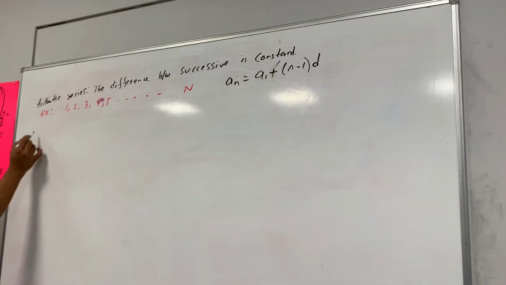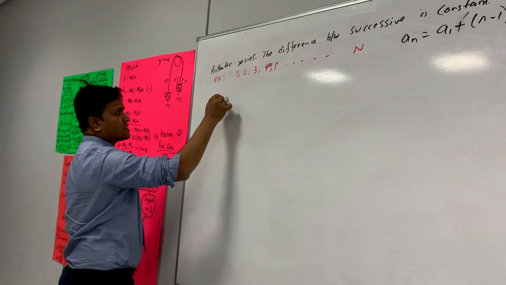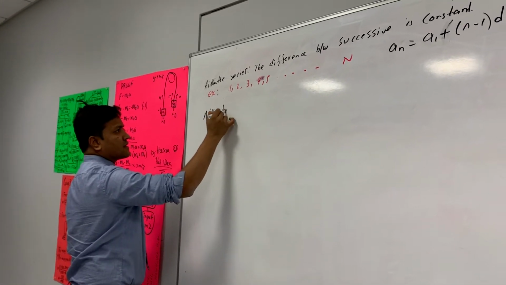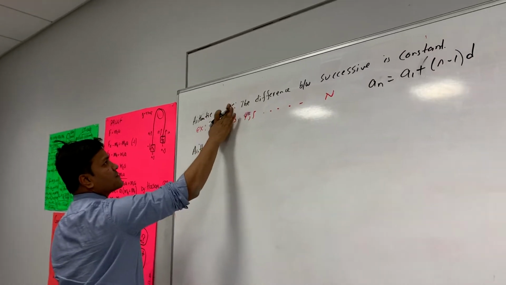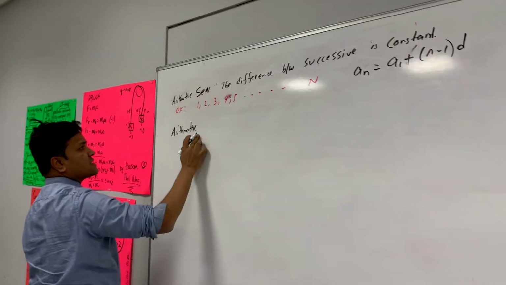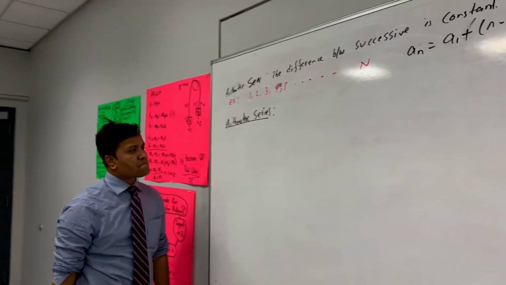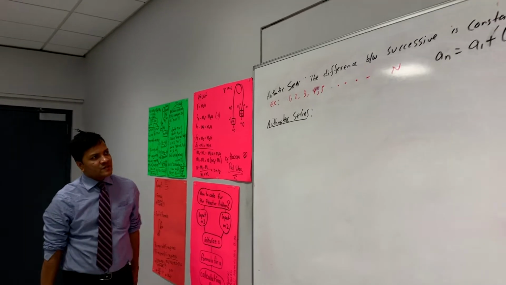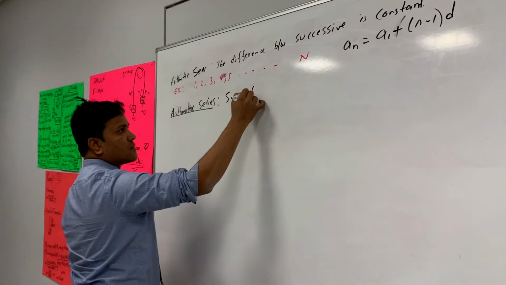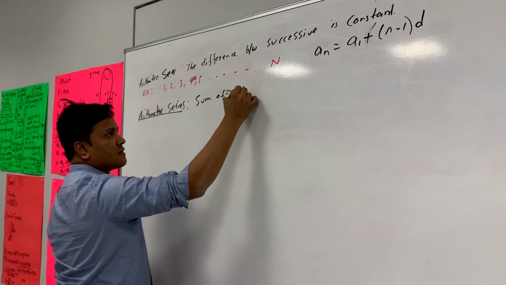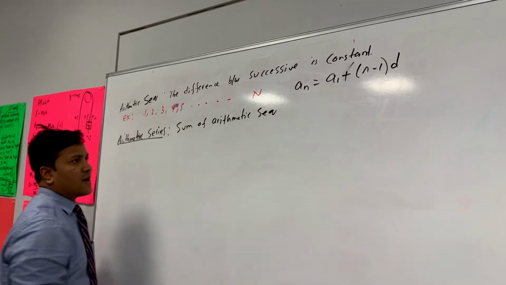Okay. Now what is the arithmetic series? This one is an arithmetic sequence, and this is an arithmetic series. So the arithmetic series is the sum of an arithmetic sequence.